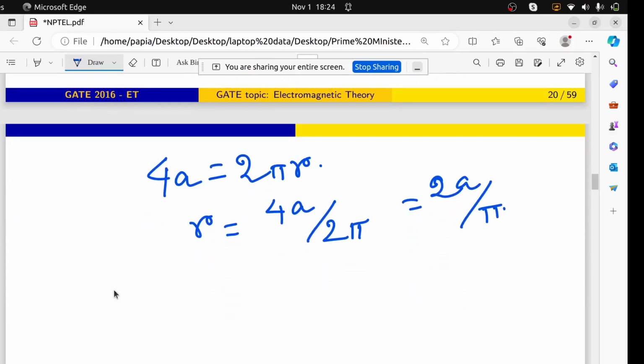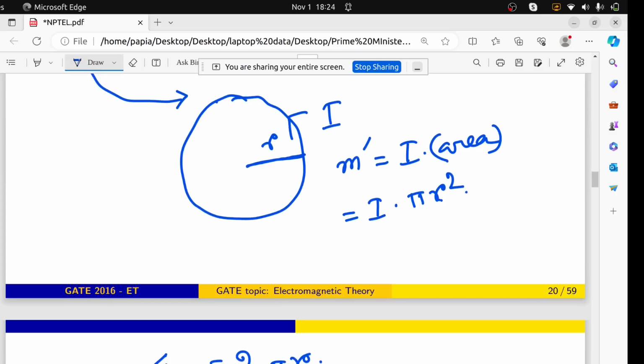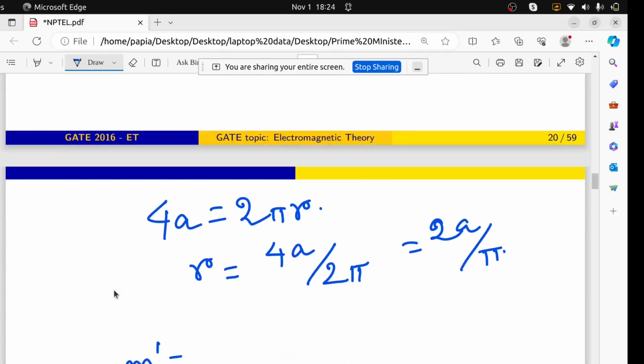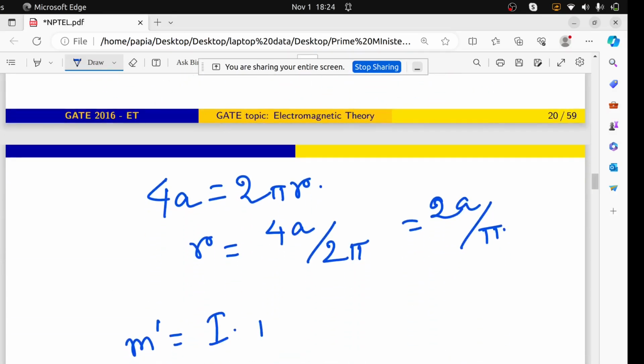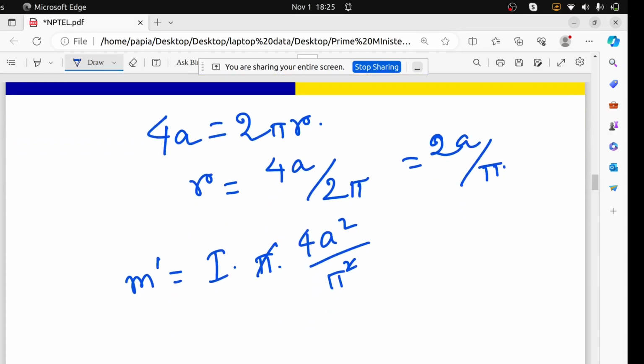Now I am putting the same thing in the M prime expression. What was there? I pi R square. R square will be 4 A square divided by pi square. Now if I cancel pi here, it will be I 4 A square divided by pi.